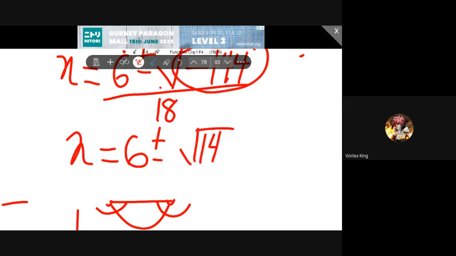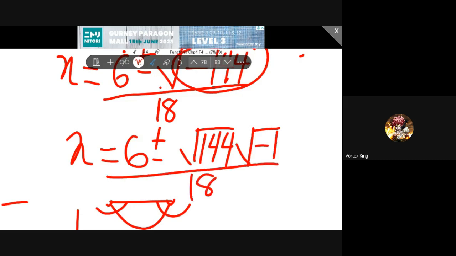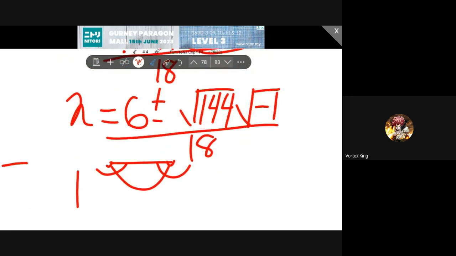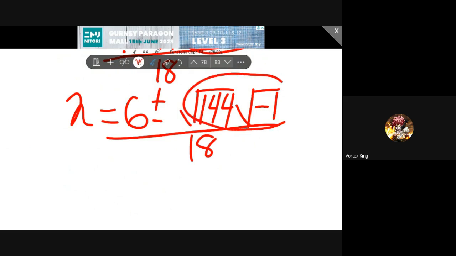Okay, so you will get it like this, as I showed just now. Understand until here? Understand how I separate it like this? All can follow until here?